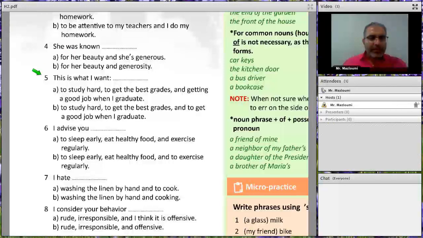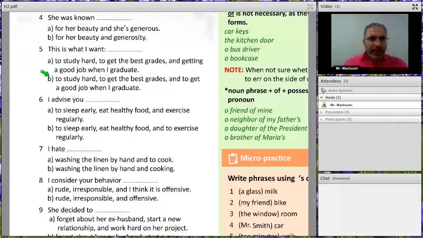Number 5, this is what I want. The answer is B, to study hard, to get the best grades, and to get a good job when I graduate. You see, again, we have similar or parallel structures.